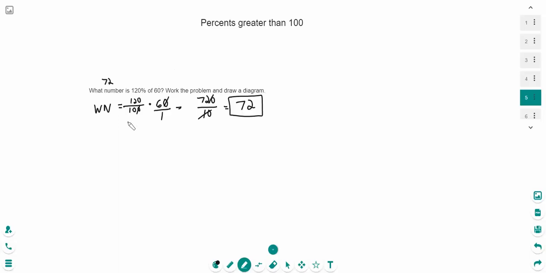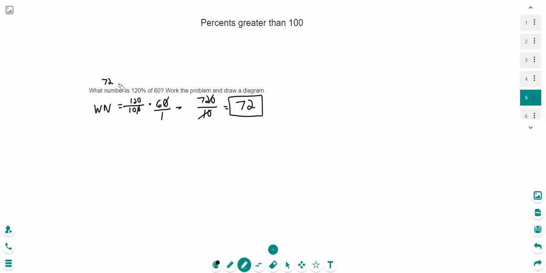Now stop and think about that for a second. 72 is 120% of 60. So what did we start with? We started with the 60. Remember, that's the number that's after the of. That's our before in our before bubble. We started with 60, and we took 120% of it, and we ended up with 72.